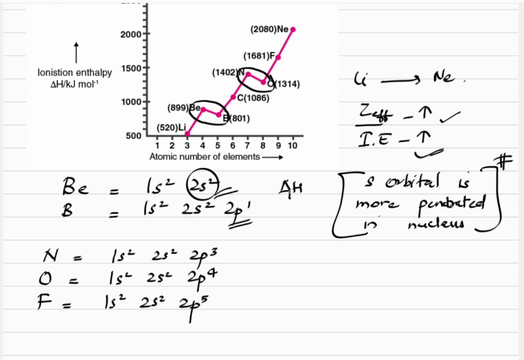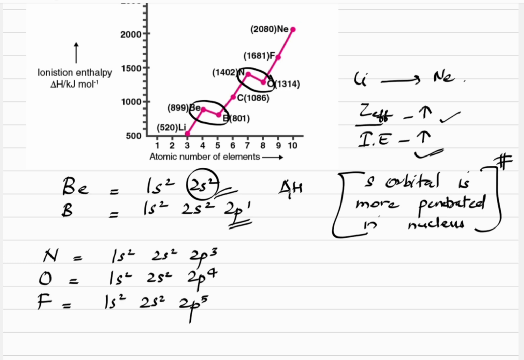Fully filled orbitals or half filled orbitals, this concept only applies when there is more than one orbital in the subshell. If there are more than one orbitals in the subshell, then only this concept of fully filled orbital and half filled orbital applies. Otherwise, it doesn't. So this concept applies to p orbital, d orbital, f orbital, but not on s orbitals.